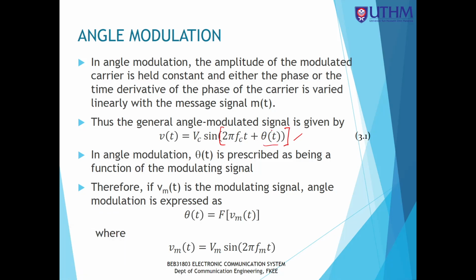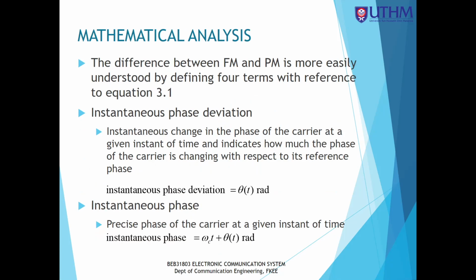So theta t is a function of message signal Vm(t). And we have learned that theta t is the instantaneous phase deviation in radians, and then 2 pi fct plus theta t is what we call the instantaneous phase, which is the exact phase of the carrier at the instant time, at the specific time. So the unit is in terms of radians.